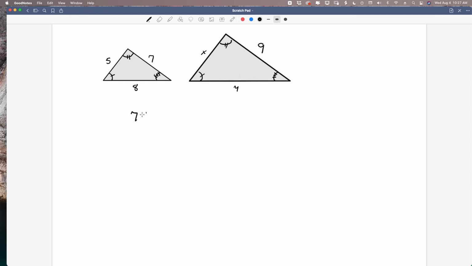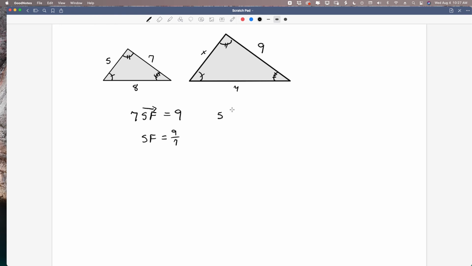So it's 7 times some scale factor equals 9, right? So that means that our scale factor is going to be 9 over 7, because we divided both sides by 7. So in order to find x, all we have to do is multiply 5 times our scale factor.